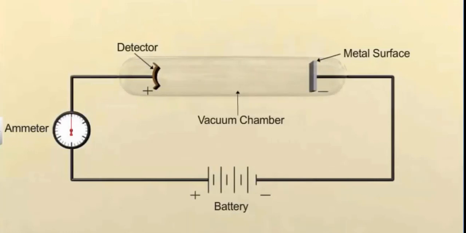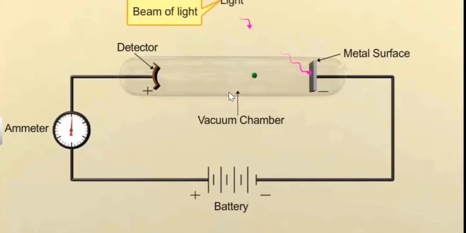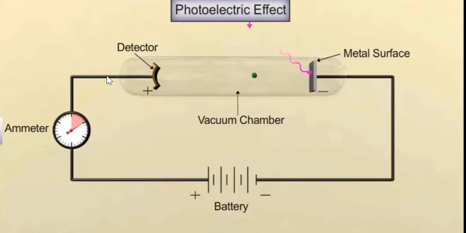See this. When light is falling on this cesium, potassium, sodium or rubidium metal surface, you can see clearly how it is ejecting electrons. The detector is detecting, that is, absorbing those electrons, and this electron flow is there.